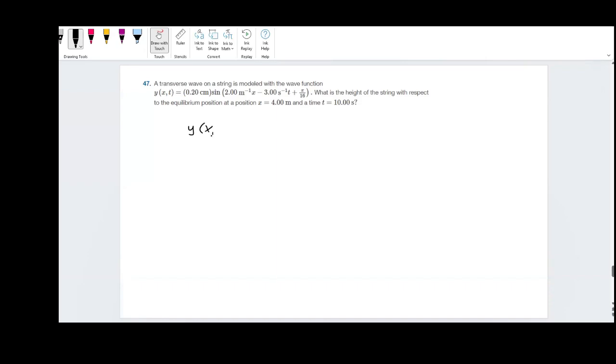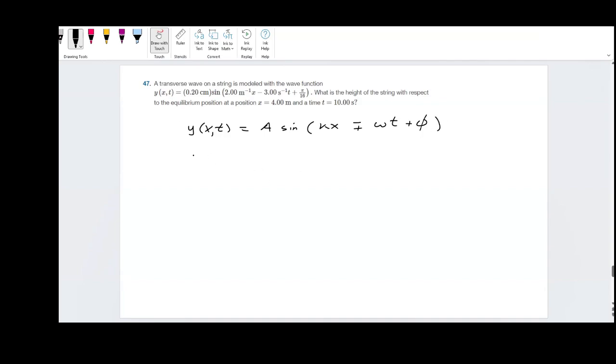It was one of the equations we discussed previously. It is equal to the amplitude sine of kx minus plus omega t plus phi, where phi is the initial phase shift.